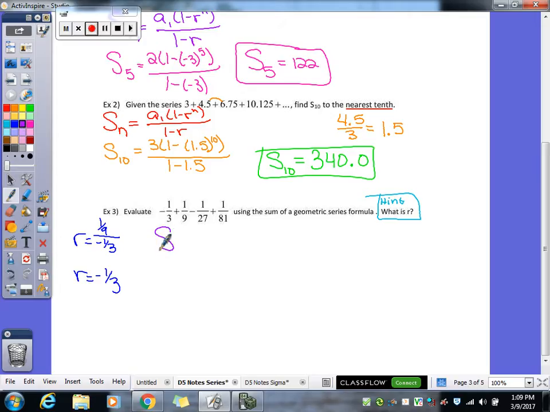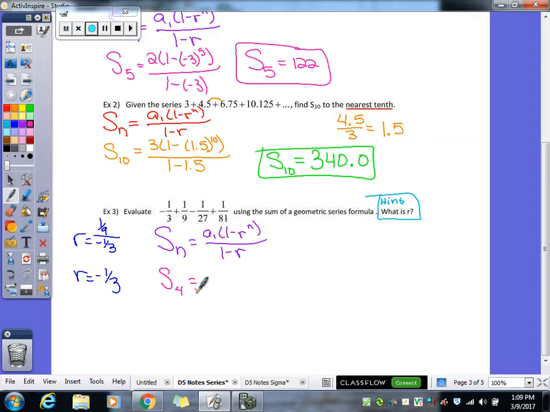So now let's have you go ahead and plug that into your formula. So what is our n? How many terms do we have? 4.